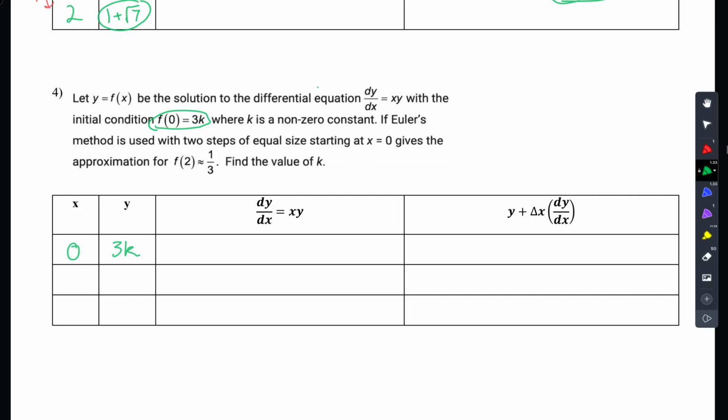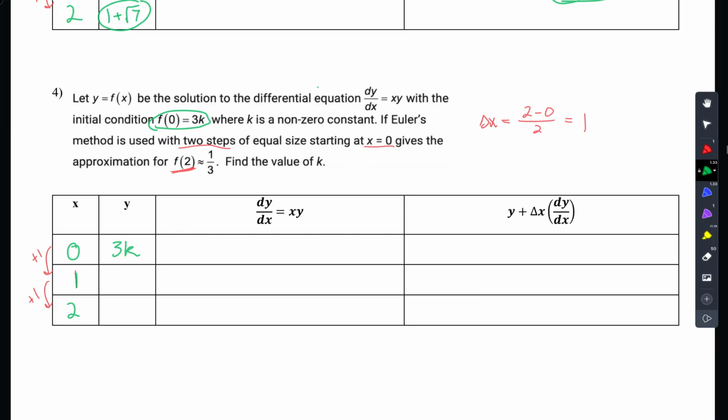Okay, we need our step size: 2 steps from 0 to 2. So 1, 1, 2. So we don't need numbers. Let's just go with it.